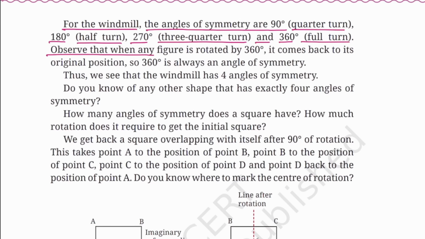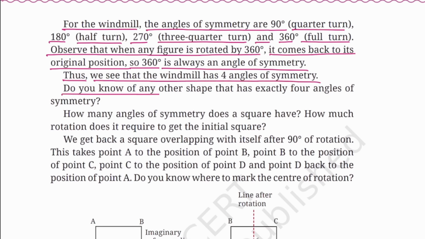Observe that when any figure is rotated by 360 degrees, it comes back to its original position, so 360 degrees is always an angle of symmetry. Thus, we see that the windmill has four angles of symmetry.